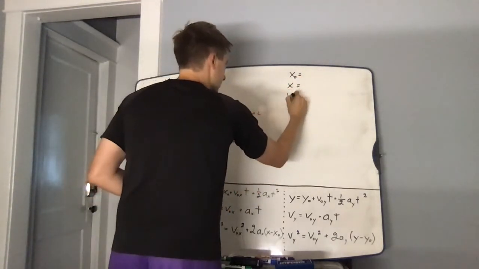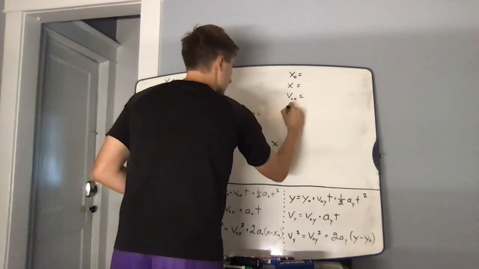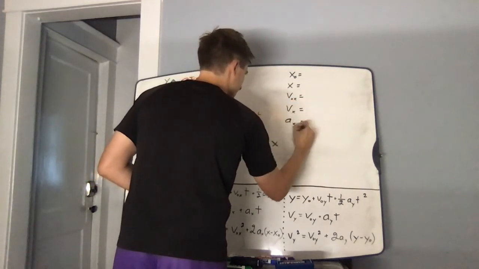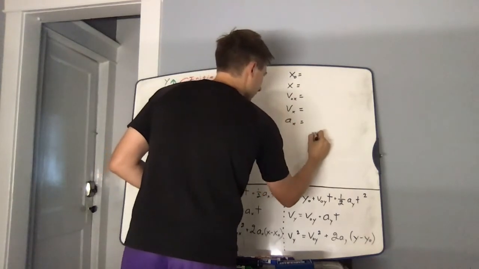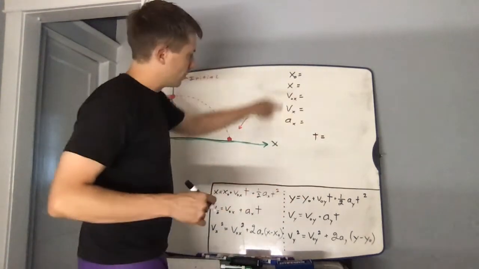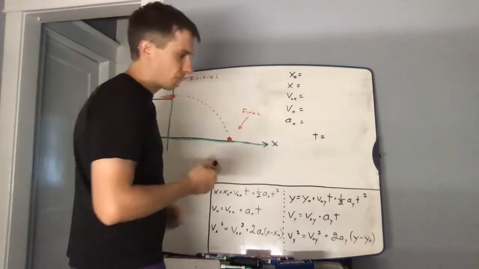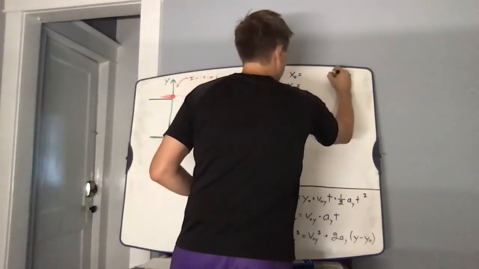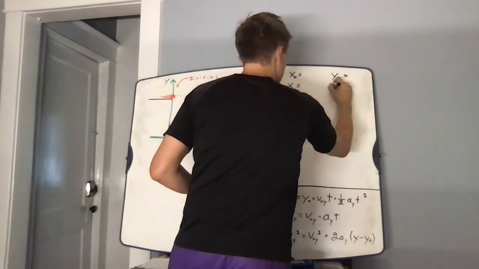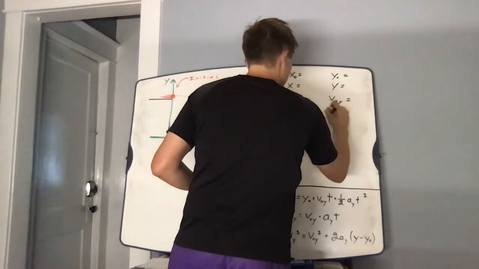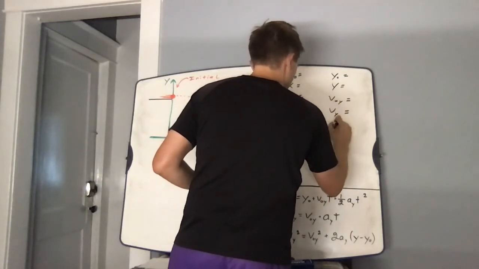I have v initial x, v final x, acceleration in the x, and time. And of these, I have corresponding terms for the y direction. I have y initial, y final, v initial y, v final y, and a y.